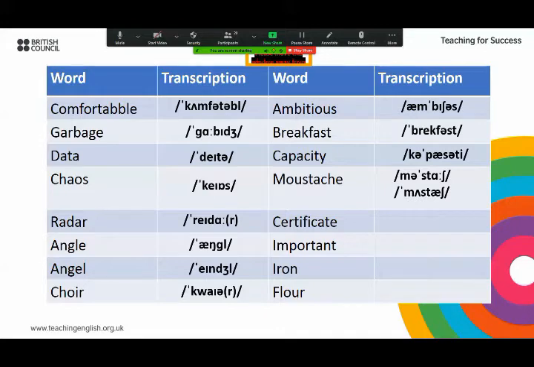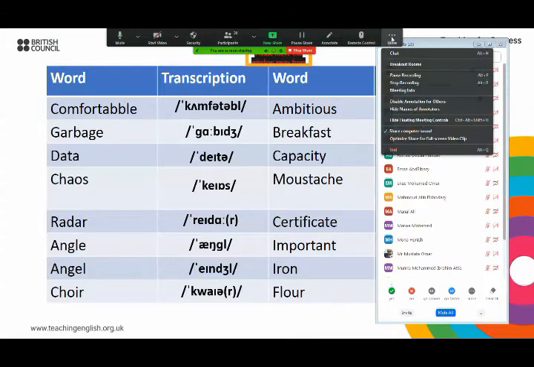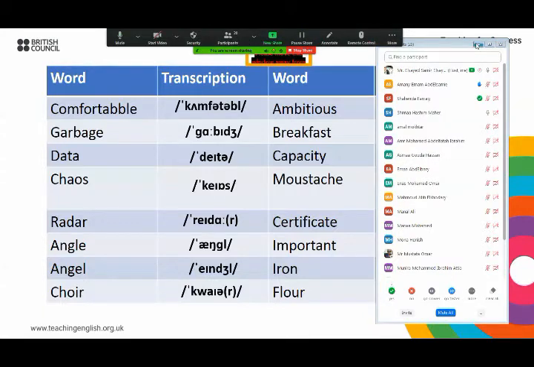Certificate. Okay, another opinion? Only Mr. Mahmoud? I want another one. I want the others to participate with us. Mr. Mustafa, can you give your opinion, sir, on this word?